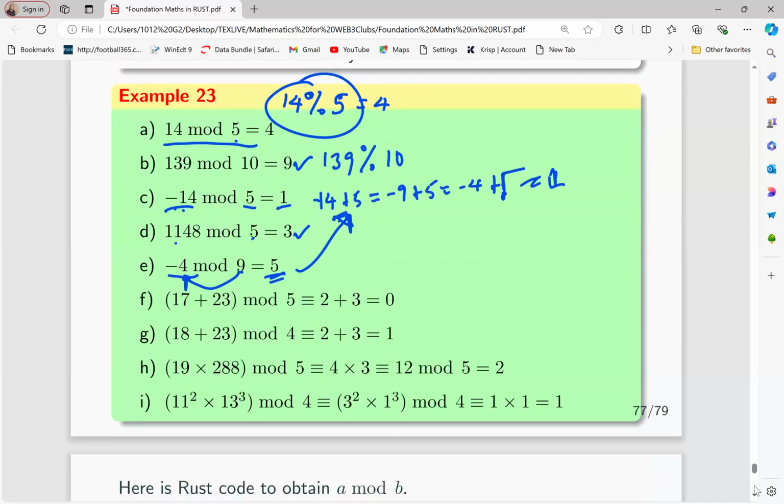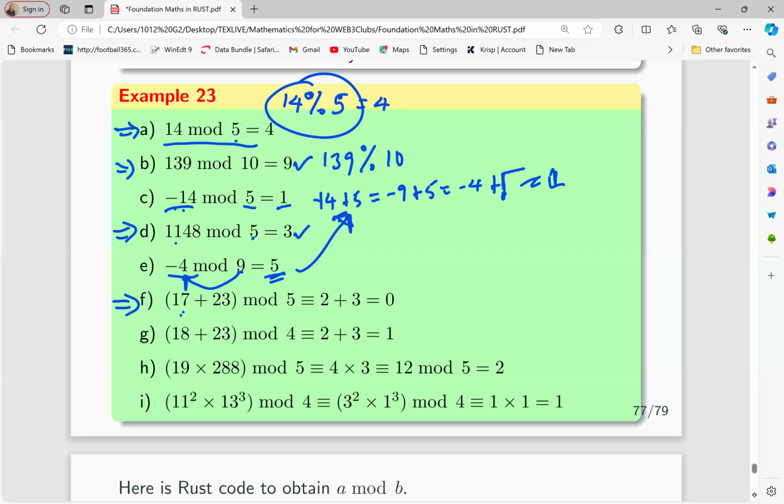Now, the Rust code that will do question 1 can do question B. It can do question D. It can do question F, because you just change something, just adding.